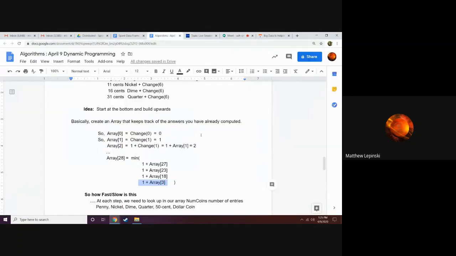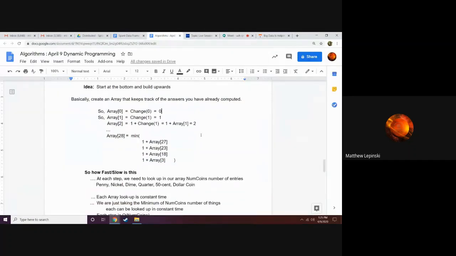William asked an excellent question, which is, how do you know what paradigm to use? How do you know when to use greedy, when to use dynamic programming, when to use divide and conquer? And the short answer is, all I can think of is experience, seeing a bunch of examples and trying to solve problems using different approaches.